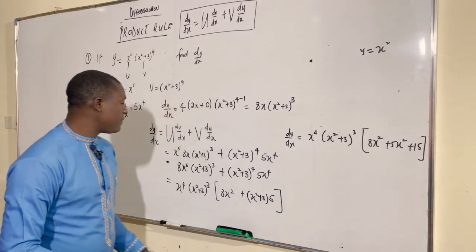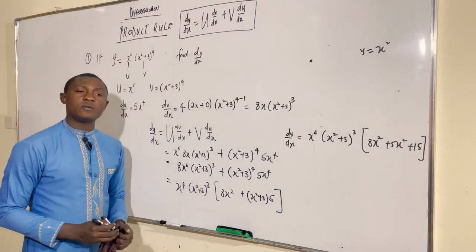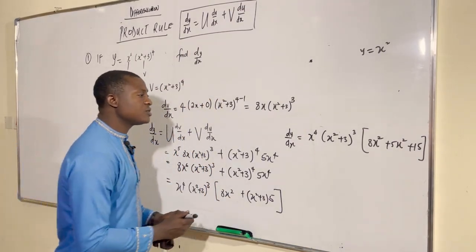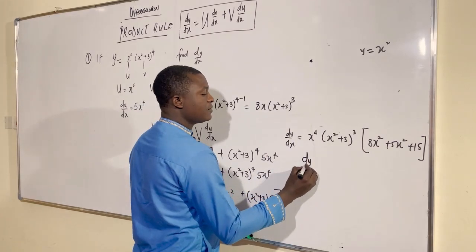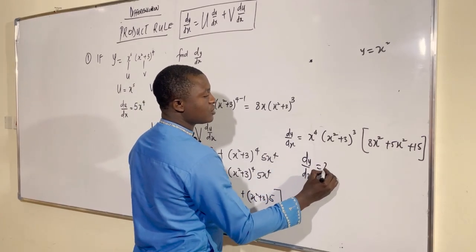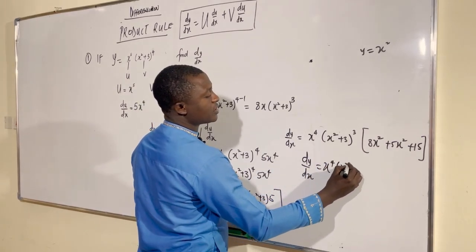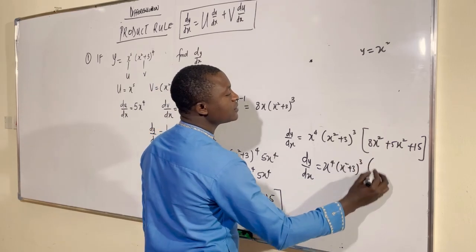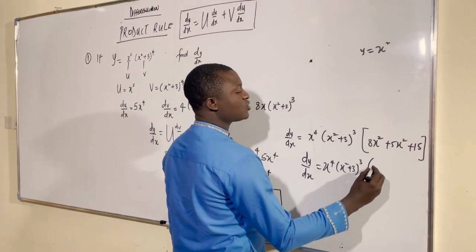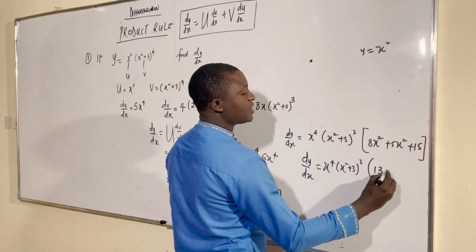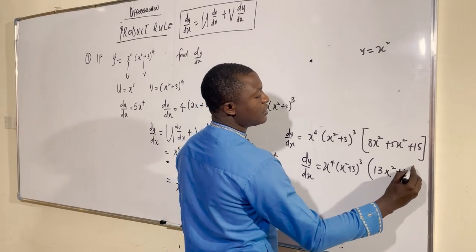Can you see that? We only factor out what we have in common from the first side and from the second side as well. So dy/dx is equal to x⁴ (x² + 3)³ [8x² + 5x²], we are going to have 13x², then plus 15.